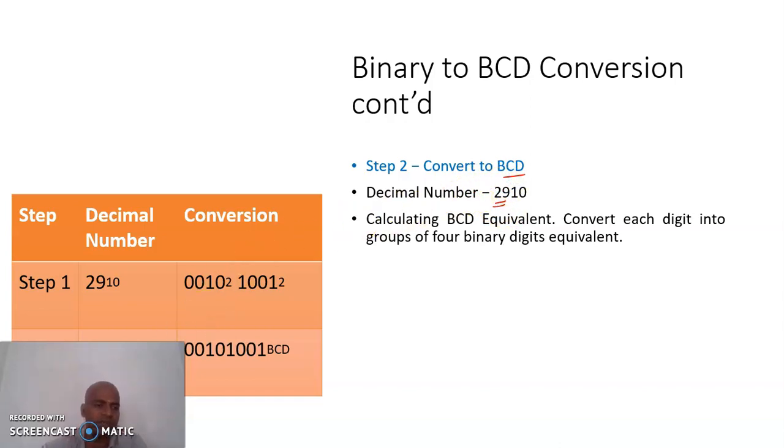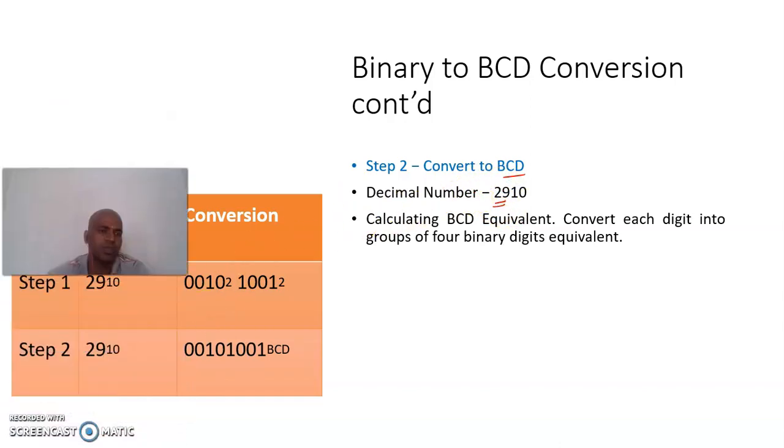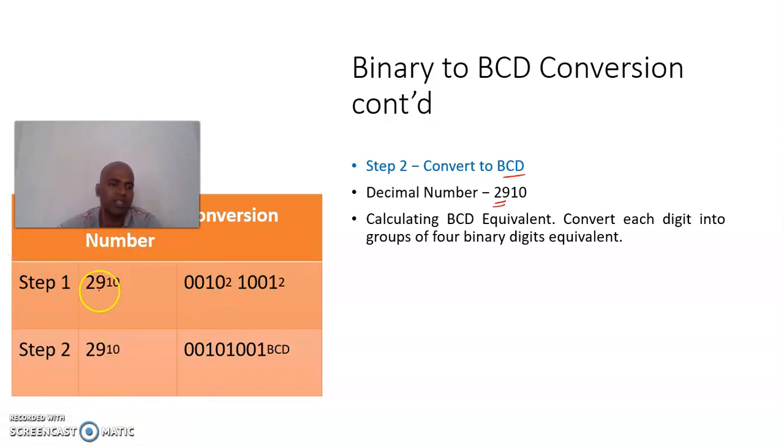So 29 is written in 4 separate bits: 0010 for number 2 and 1001 for number 9. This is the equivalent BCD value for number 29.